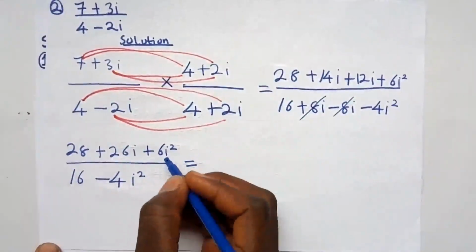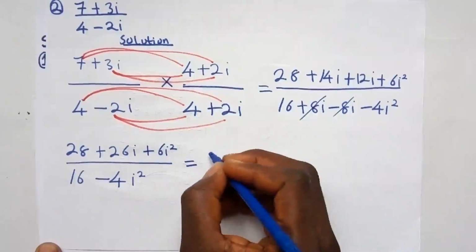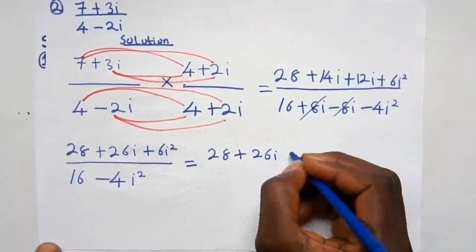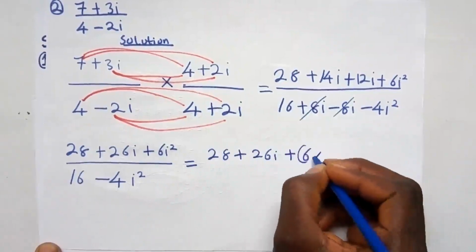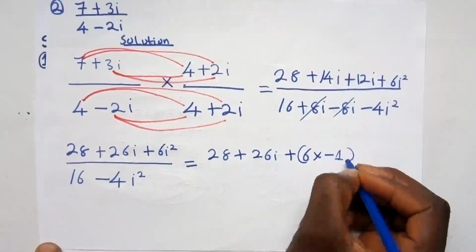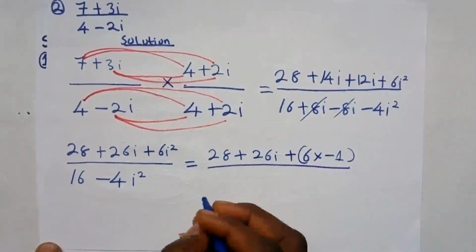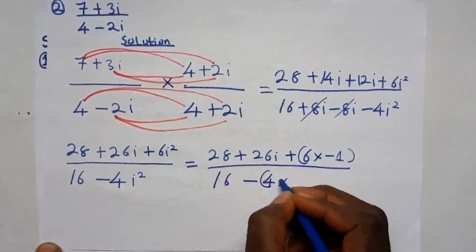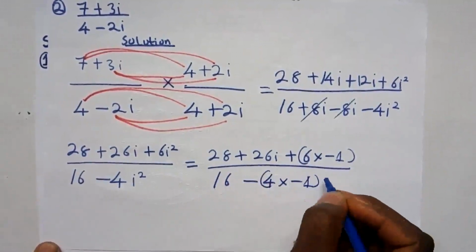Recall that i squared is equal to minus 1. So this becomes 28 plus 26i plus 6 multiplied by minus 1, all over 16 minus 4 multiplied by minus 1.